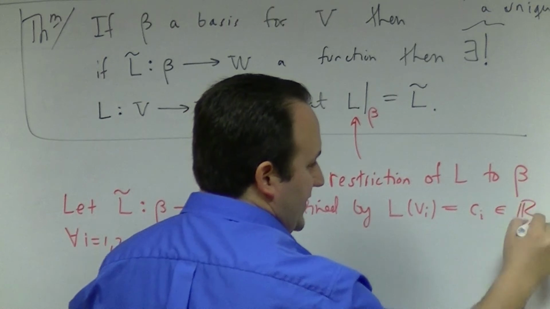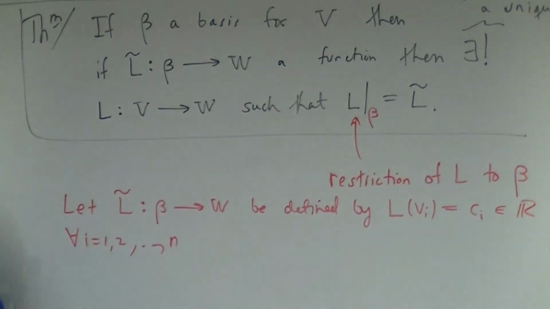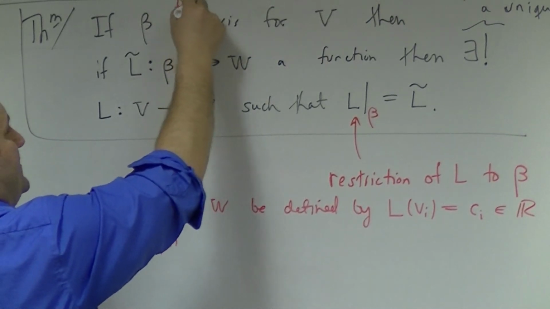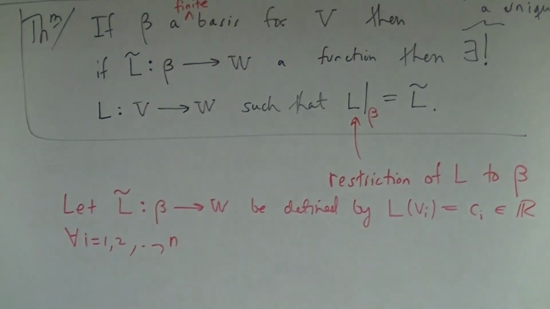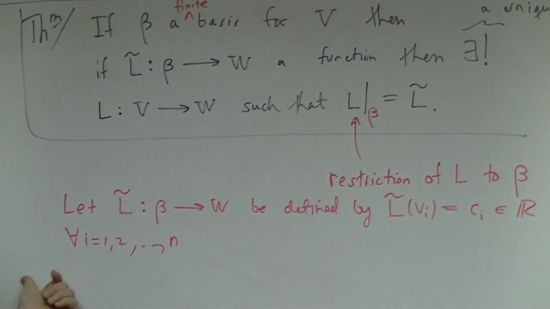You see, beta is a finite set, right? It's a basis, so there are as many things in beta as the dimension n. We haven't talked really about infinite bases, so whatever. So i equals 1 to n. These are constants. They define L tilde like that.